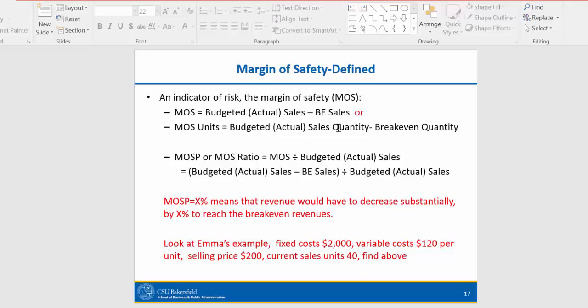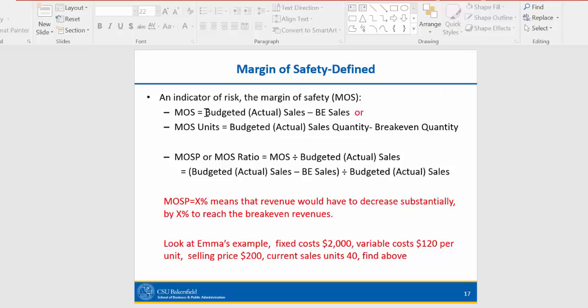So all those three concepts are supplementary to each other. You can use one or two, but normally you should use all of them to give you the complete picture of the risk issues.